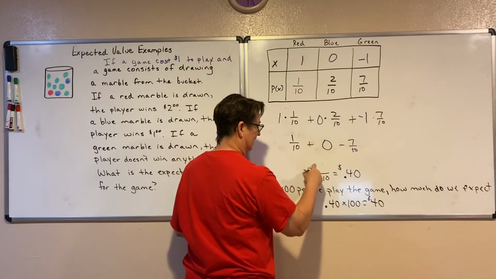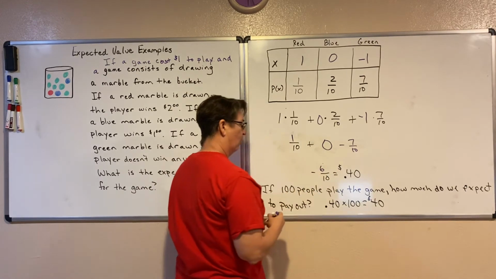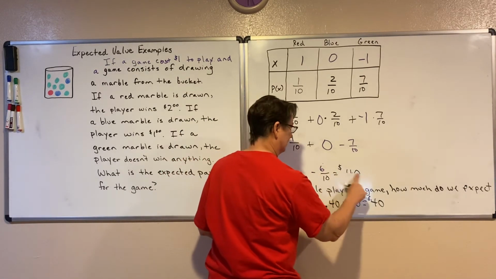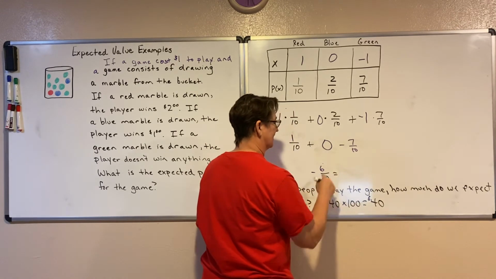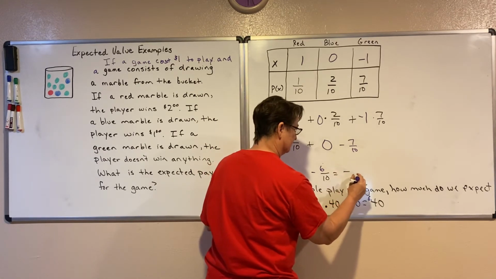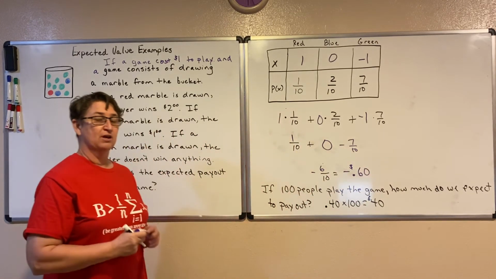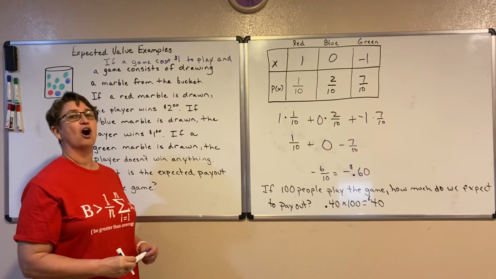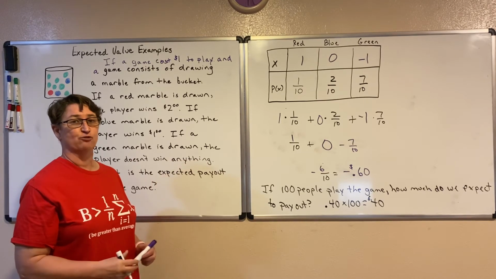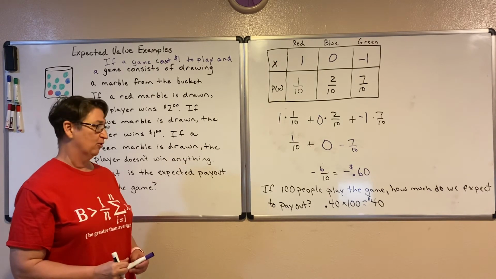So I have a negative 6/10. Or on average, I'm now going to make 60 cents. I'm going to have a negative 60-cent payout. I'm going to make 60 cents on average on each customer that comes out.